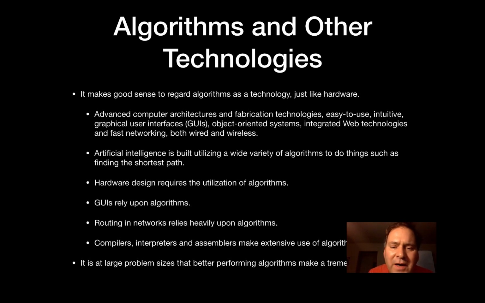Hardware design requires the utilization of algorithms. GUIs rely upon algorithms. Routing in networks relies heavily upon algorithms. Compilers, interpreters, and assemblers make use on an extensive basis of algorithms. And it is at large problem sizes that better performing algorithms make a tremendous difference.